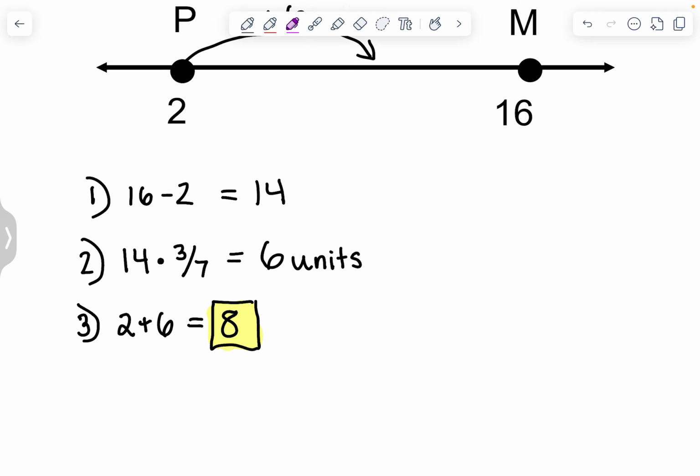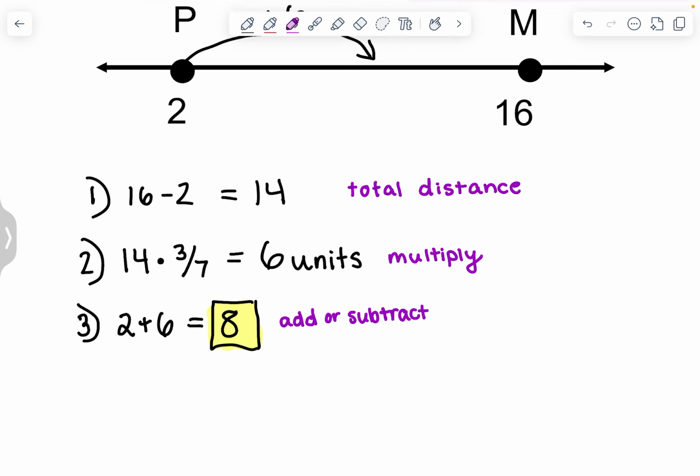So step 1, total distance. Step 2, multiply. Step 3, notice I've been saying add or subtract. Sometimes we have to subtract. We have to be very careful about that.